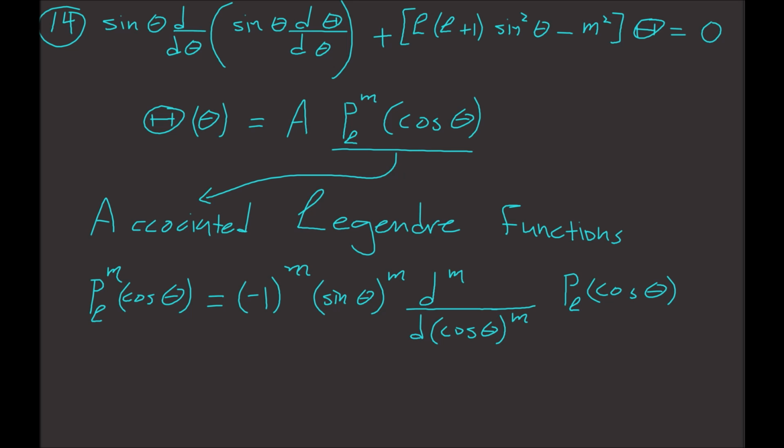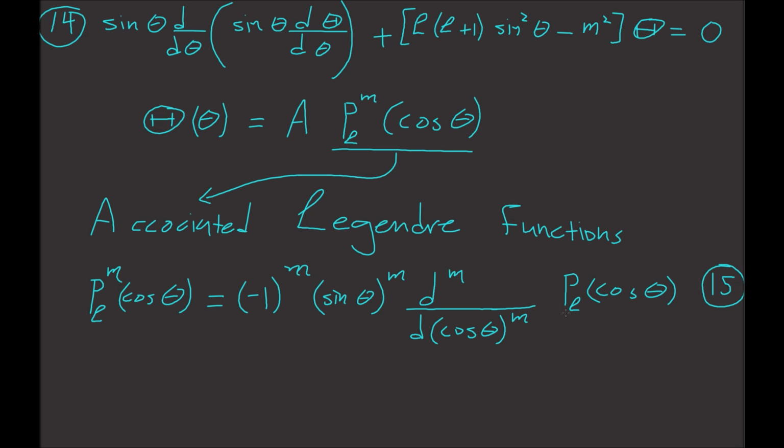Okay, so by looking at this equation, let's call it equation number 15, you can see we're taking the mth derivative of some polynomial of the Lth order, which means if L is 3, M cannot be bigger than L. It has to be less than or equal to L in order to make sense.